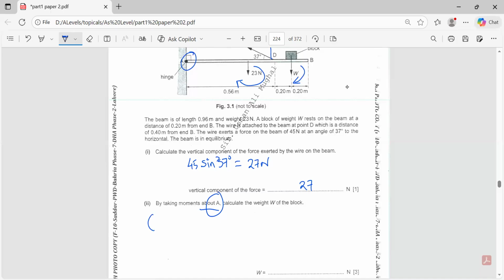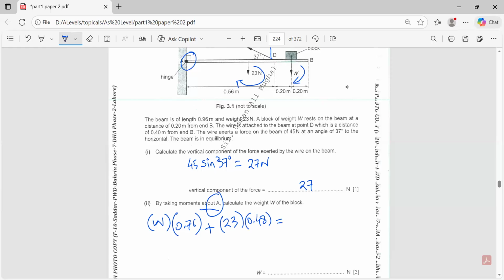It will be W multiplied by what is the whole distance? It will be 0.76, plus there is a 23 Newton part. So 23 is the weight which is creating a clockwise movement. So 23 will be multiplied by 0.48 because the whole length is 0.96, so 0.96 divided by 2.